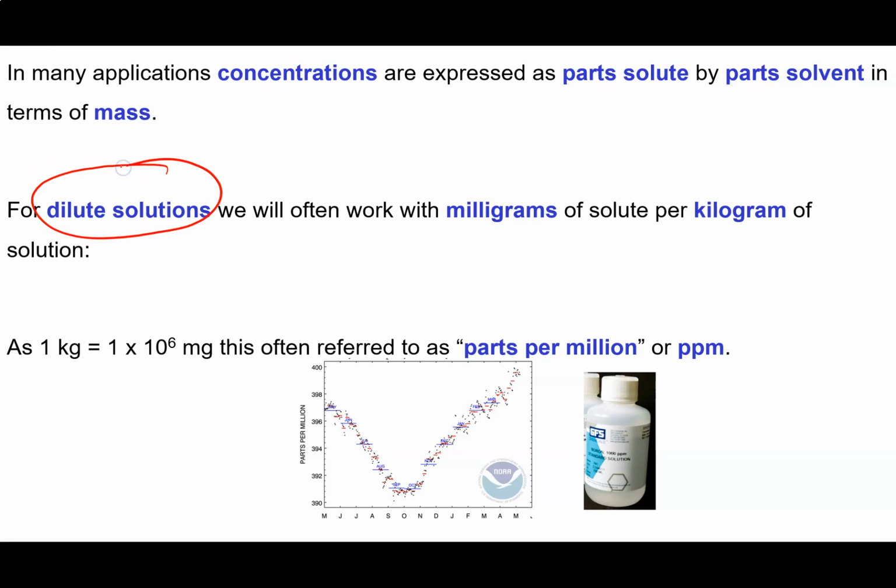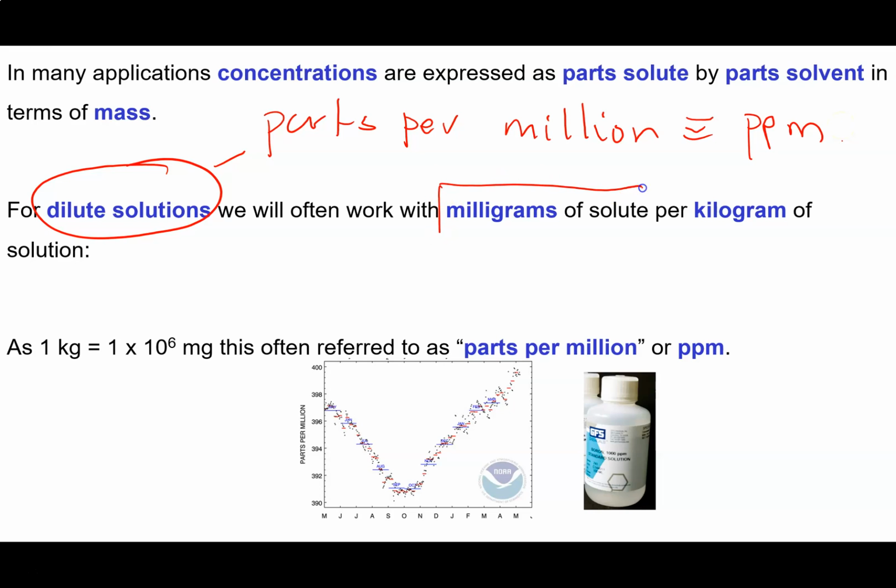So for dilute solutions, we'll often avoid using molarity and we'll use other units. One of the common units used for dilute solutions is parts per million. You might have heard that. Sometimes it's called ppm. And what this means is that we have milligrams of solute per kilogram of solution.